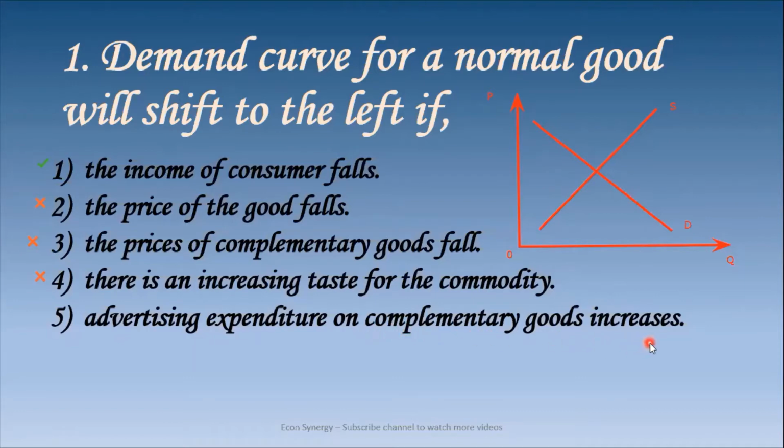If there are more advertisements for complementary goods, then the demand for complements will increase, as well as the demand for the good under consideration. Then the demand curve shifts to the right. Therefore, this one is also wrong.